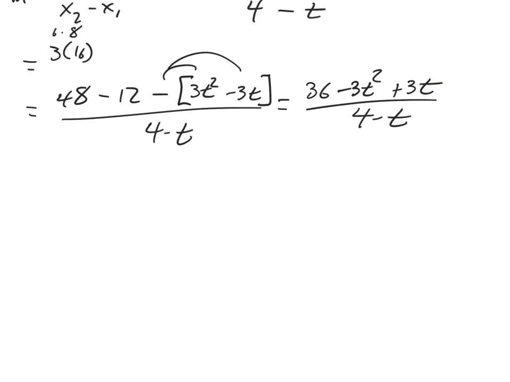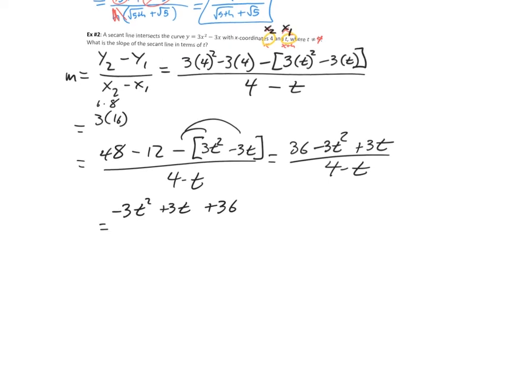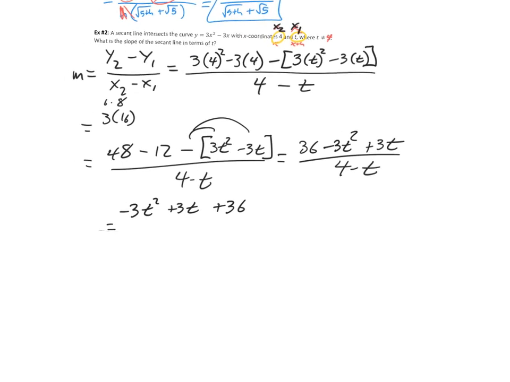I think what I could do is on the top, I could factor a 3 out of everything. But maybe let's just start by writing it in the right order. So that would be negative 3t squared plus 3t plus 36. Just want to make sure I haven't made any errors anywhere with a negative sign or anything like that. No, I don't think so.